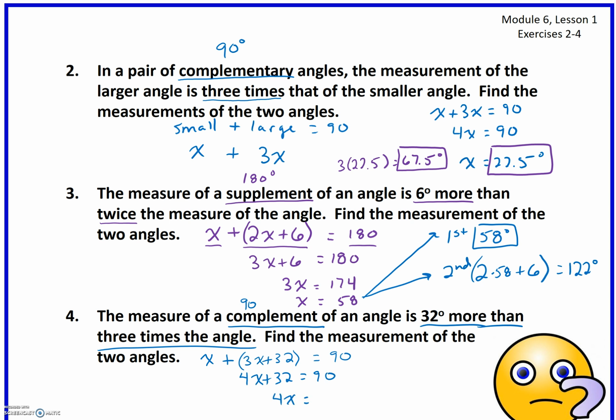We're left with 4x equals 58. Divide by 4, x equals 14.5. First angle is 14.5. Second angle, we have to multiply 3 by 14.5 and add 32, which brings us to 75.5 degrees for the second angle.